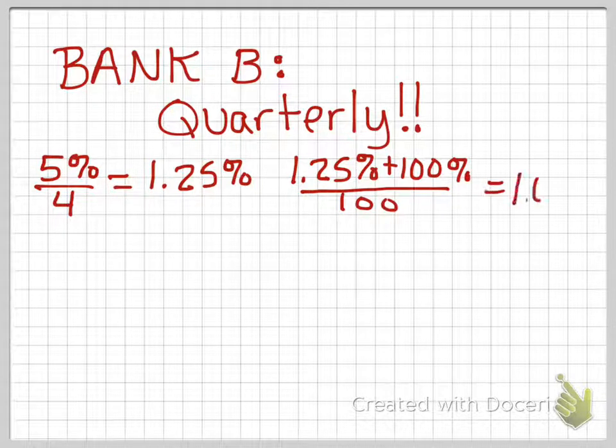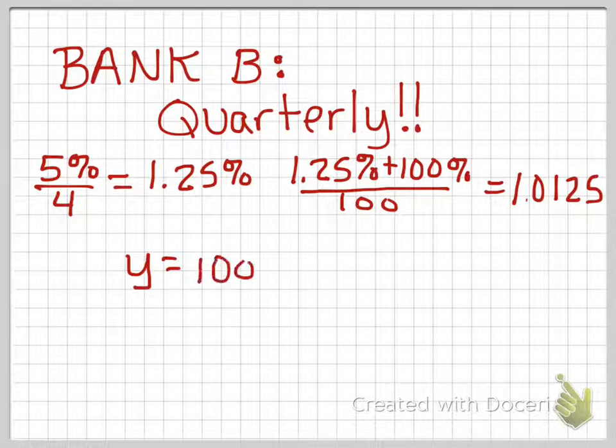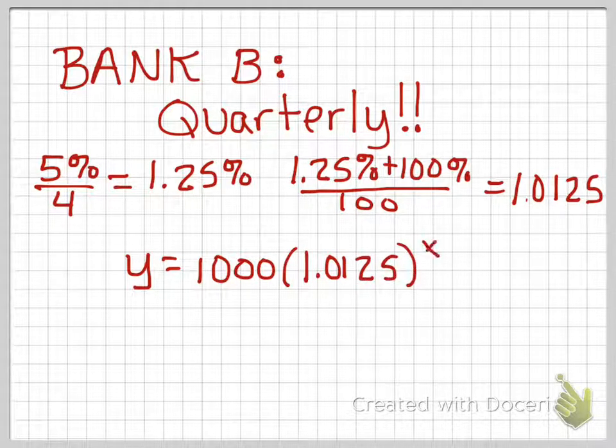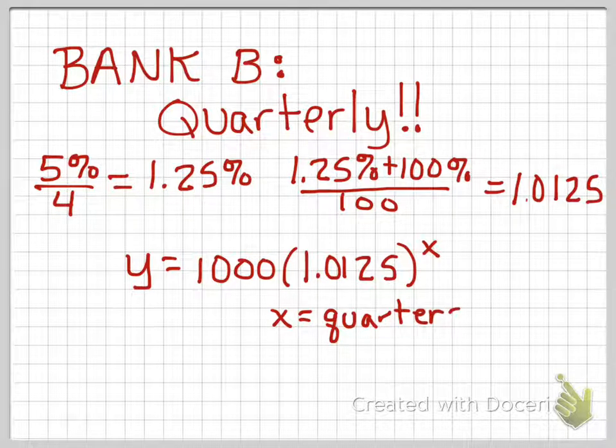In this case, our multiplier is 1.0125. So using our geometric sequence again, we'll have y is equal to 1000 times 1.0125 to the x power. But this time, x is the number of quarters. Okay, so again, it's 4 times a year, so the number of quarters. So we take our number of years and we multiply it by 4.